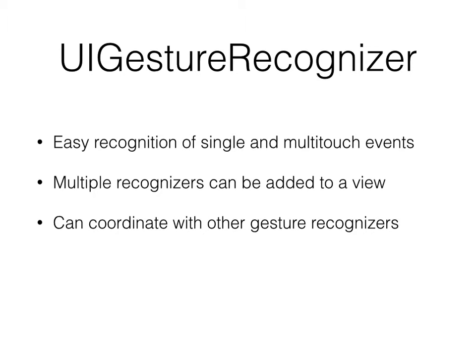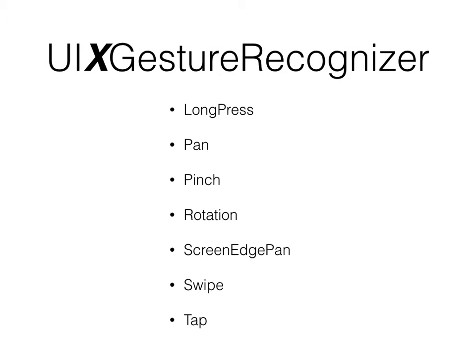These are objects of specific types. We have long press, pan, pinch, rotation, all these little gestures that you would ever like to do. You just add them to the view, and they spew out events when it happens. They have a very strict state machine that is documented, so every gesture recognizer obeys the same state machine, so it's really easy to write predictable code.